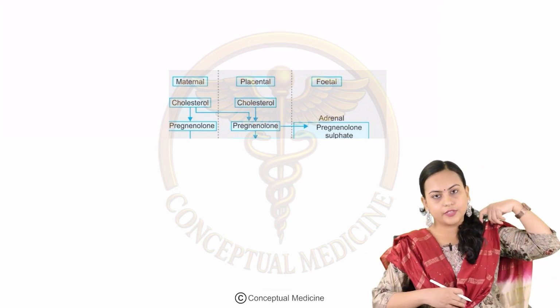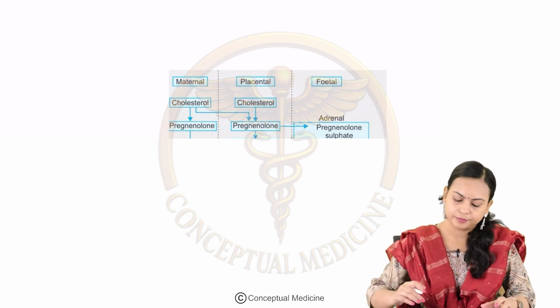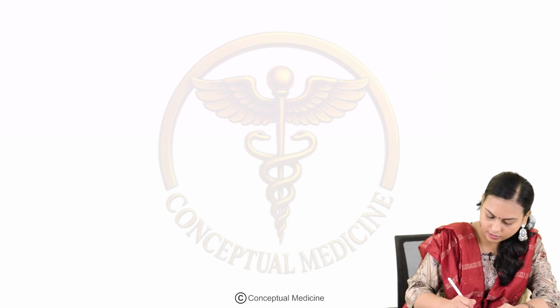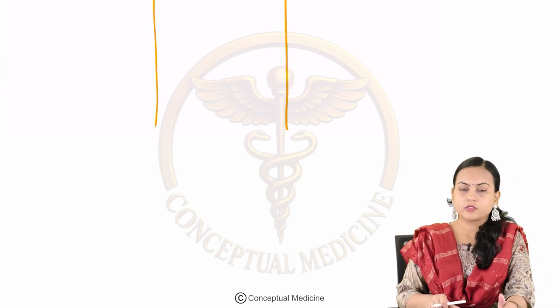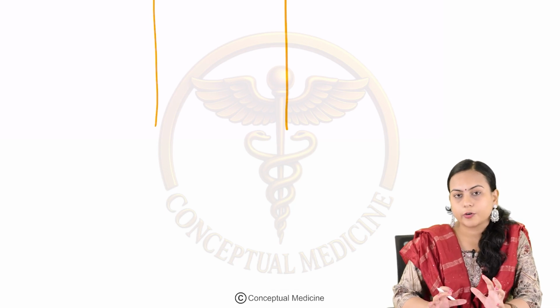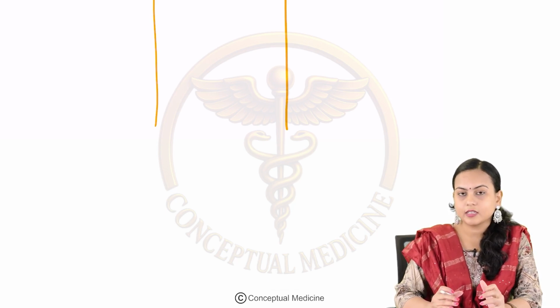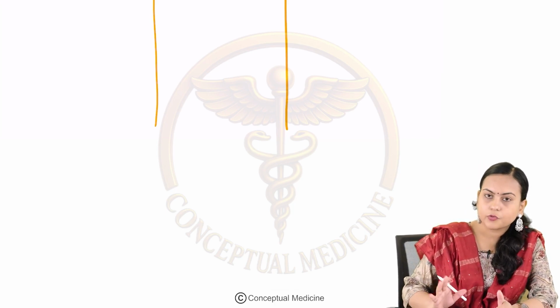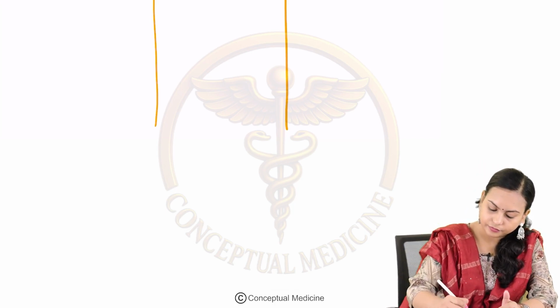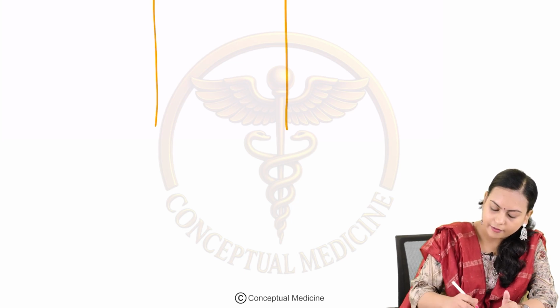Now, we will see this feto-placental unit. First, we will take the mother, then we will take the placenta, then we will take the fetus. Okay? So, this unit and this cycle is very important to you to understand the further coming sessions also. Okay? So, what is going to happen in the mother is, we have cholesterol.